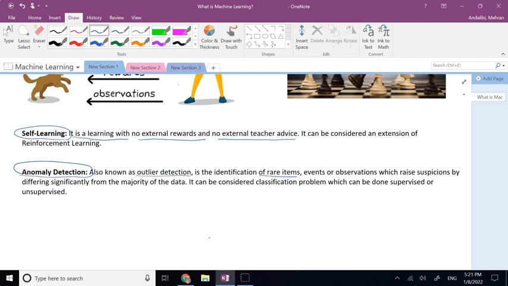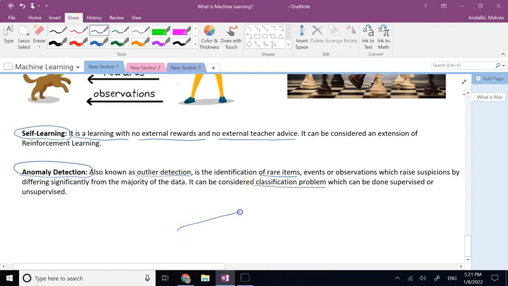Or you see somebody in a surveillance camera doing something that is not normal, and then you say, well, that person might be a threat, right? So these are anomaly detections, and anomaly detection, if I want to consider it, I can consider it a classification problem.